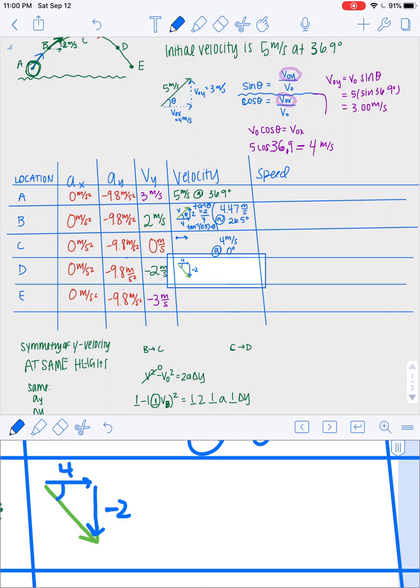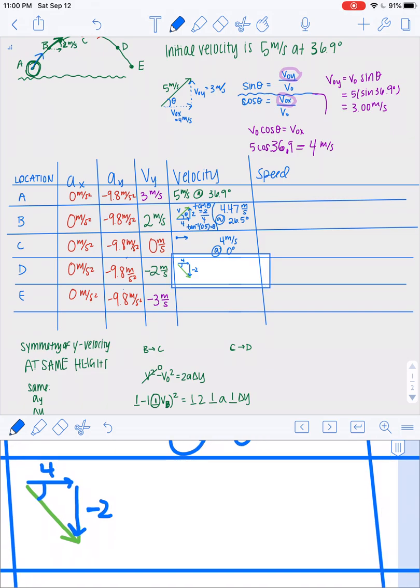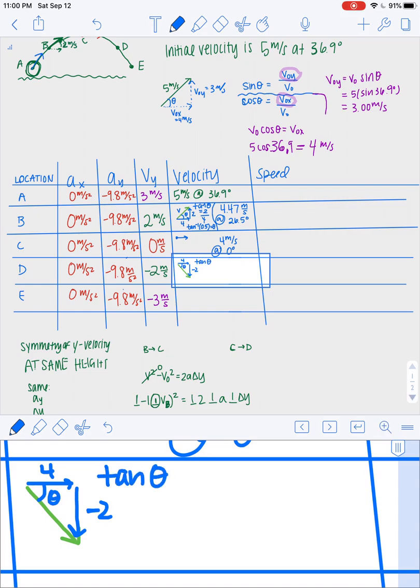So from the horizontal, basically from the x component is where we want to find the angle. And if you notice, tan of theta will be opposite over adjacent. So that's -2 over 4, which is -0.5, which will give us theta.